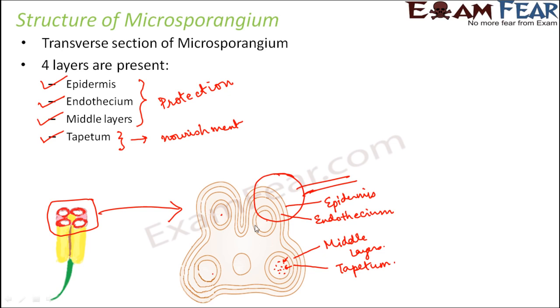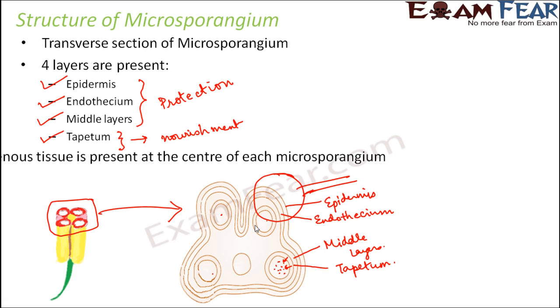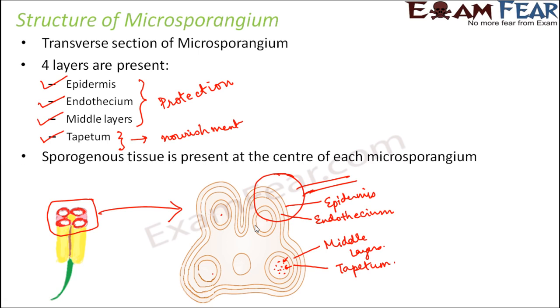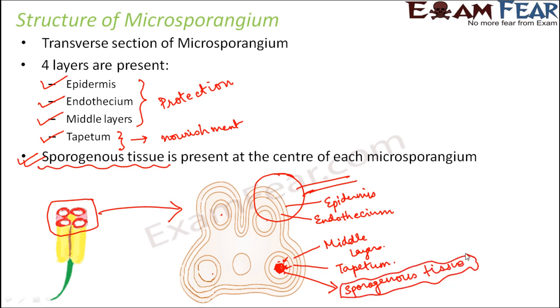And now, what is there inside the microsporangium? Inside this microsporangium, that is at the center of each microsporangium, we have a specialized tissue called sporogenous tissue. So this is the sporogenous tissue. What will this sporogenous tissue do? Just now I was telling in the previous slide that the microsporangium is that part which can produce spores.